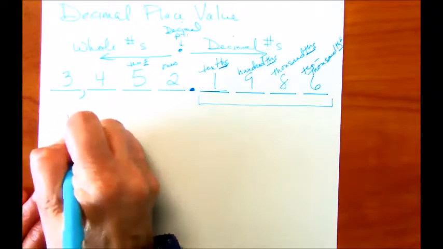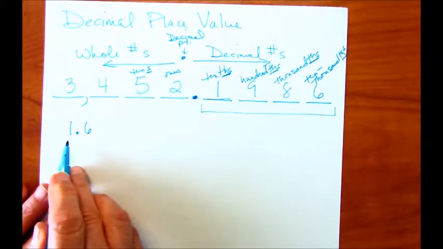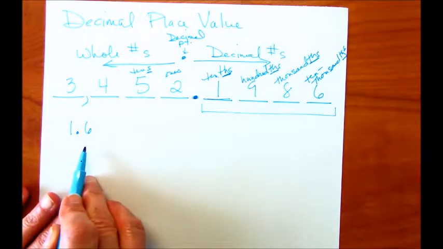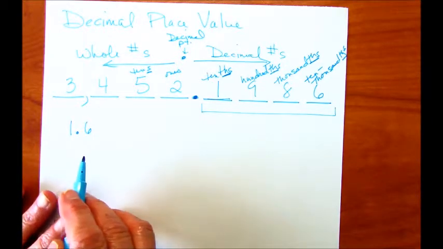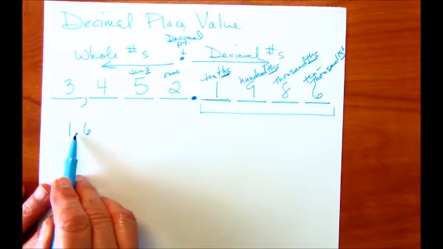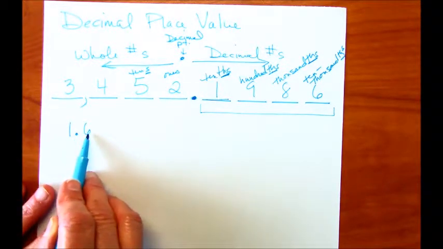So let's say we have 1.6. Oftentimes people will say 1.6, and that's an acceptable form. But if we're going to talk about it mathematically, let's do it correctly. This is 1 and 6 tenths.